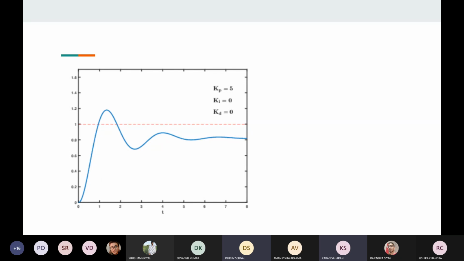This effect creates these kinds of fluctuations, and in theory they will continue infinitely. As time passes, the fluctuation will decrease, but in theory they will continue indefinitely.